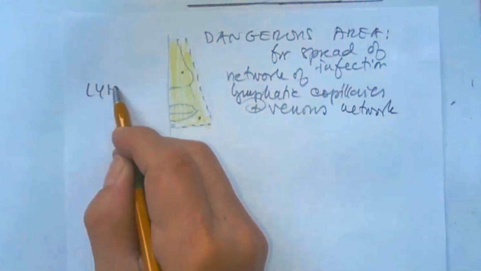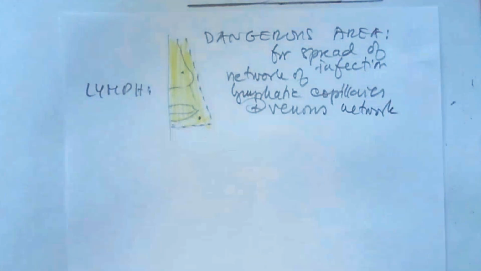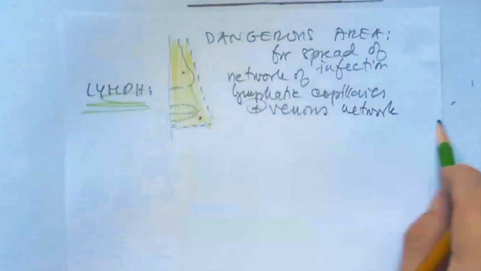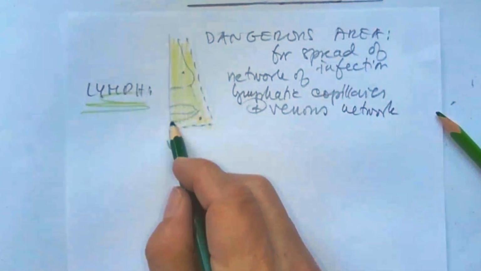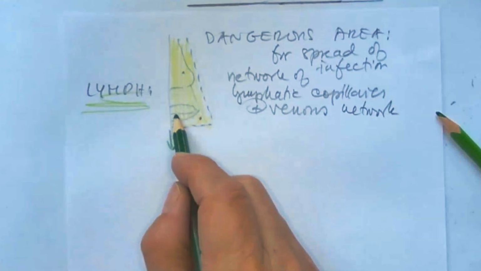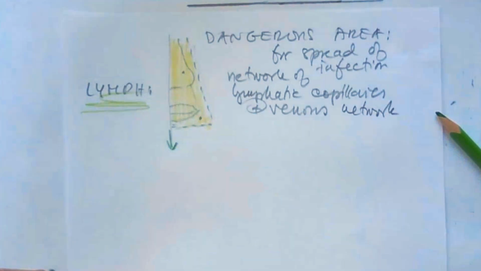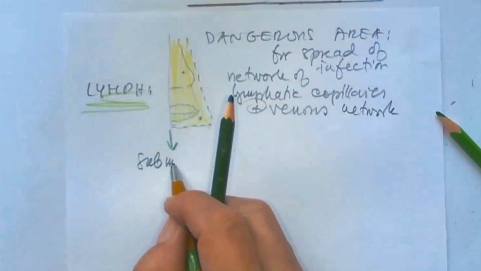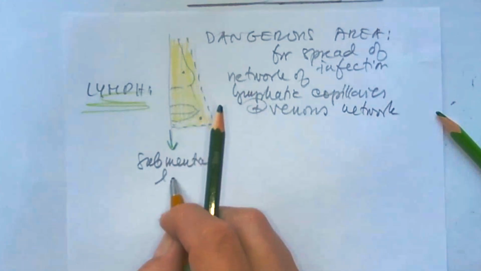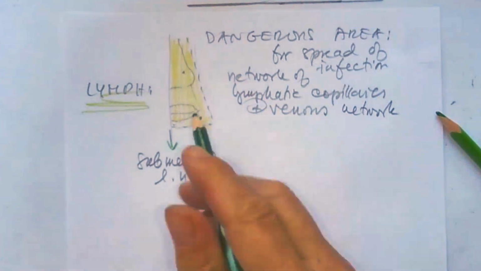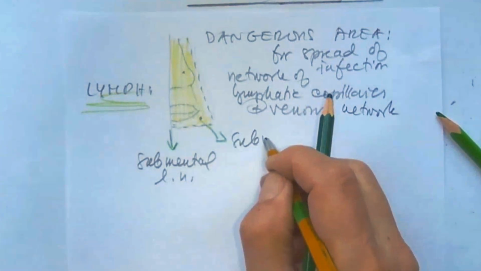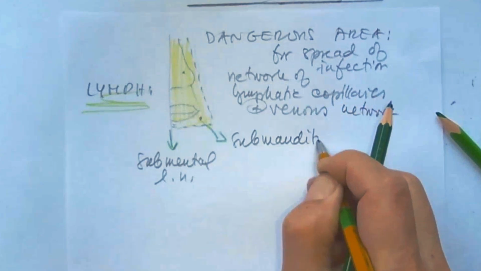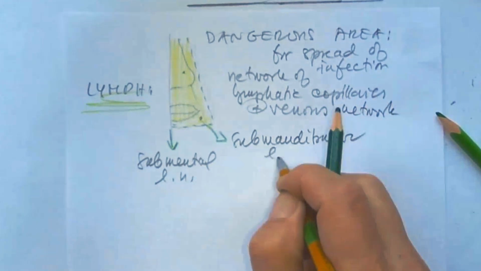Concerning the lymphatics, lymph is drained simply into two areas: from the central portion of the inferior lip into the submental lymph nodes, and from the lateral parts to the submandibular lymph nodes.